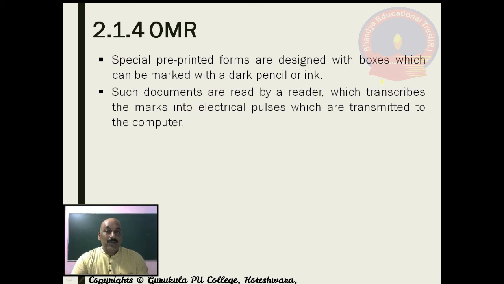It detects whatever is shaded on the sheet. Only in the specified places you have to shade using a pencil or a pen, and you cannot go by your own paper. You have to make use of the pre-designed paper itself.